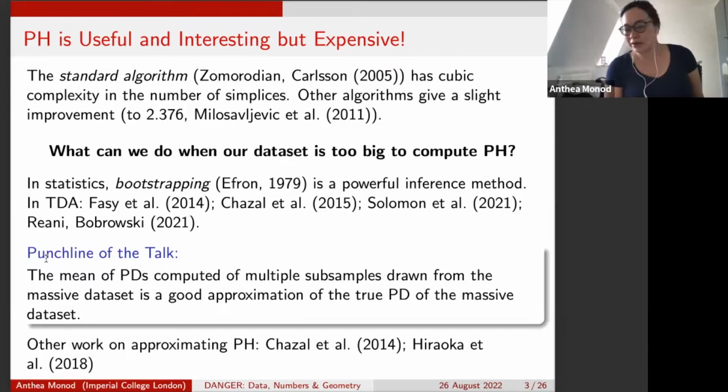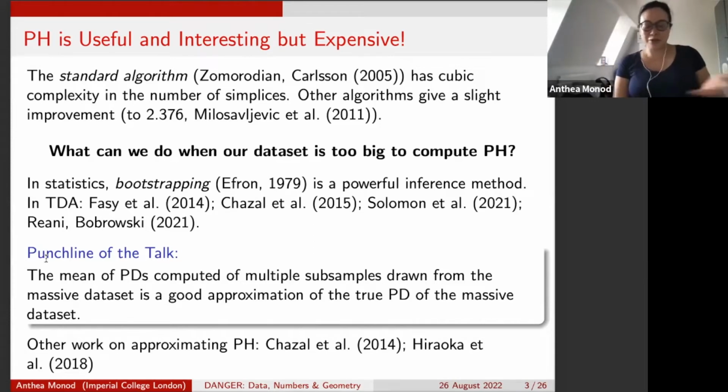So here is some work that has studied bootstrapping, but it hasn't ever been for the specific problem of basically doing persistent homology computations when our data are just too big.